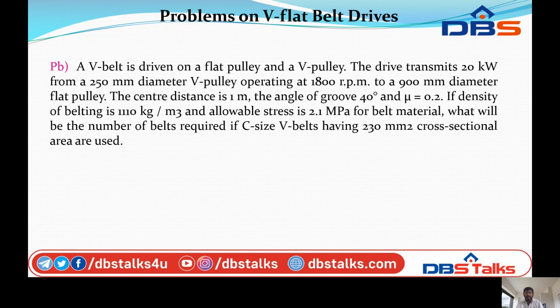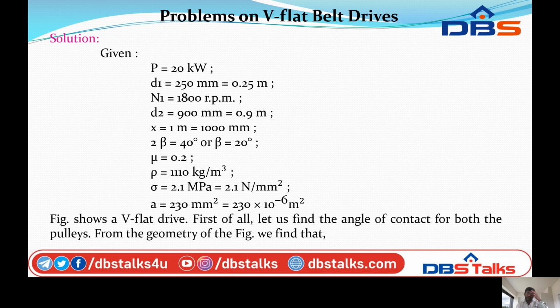So the given data is P is equal to 20 kilowatts, D1 is equal to 250 mm, that is equal to 0.25 meter, N1 is equal to 1800 rpm, D2 is equal to 900 mm, that is equal to 0.9 meter, distance x is equal to 1 meter, that is equal to 1000 mm, converted to millimeter. So 2 beta is equal to 40 degrees, or beta is equal to 20 degrees.